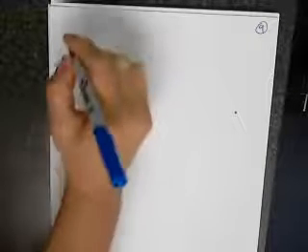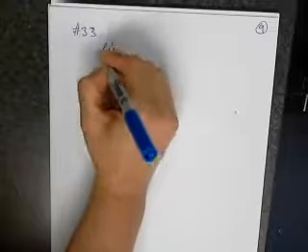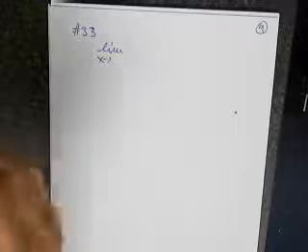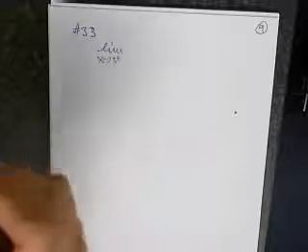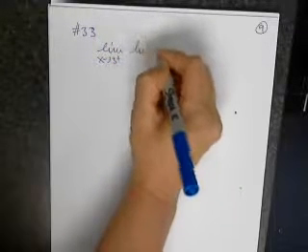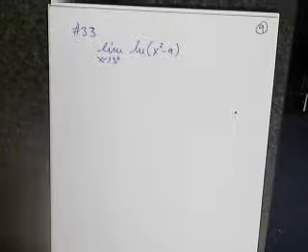Okay. Let's look at a natural log, like 33. So limit as x approaches 3 from, I think it's from the right, yes, of natural log of x squared minus 9. Good.